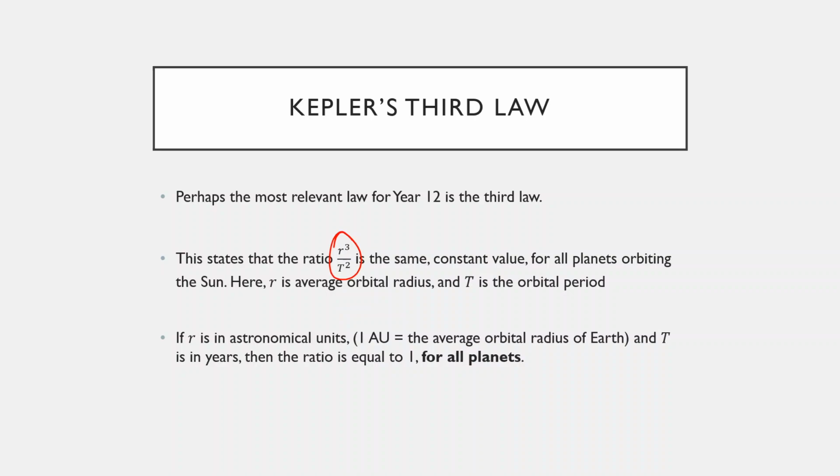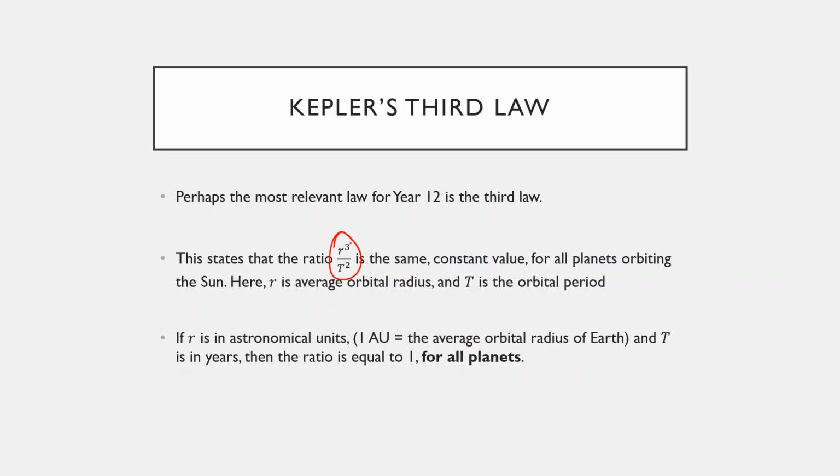The original way that he framed it was that if we represent the average distance between the Earth and the sun as 1 AU, which is an astronomical unit, so it's got a value of 1, and the period we represent in years, then this ratio is actually equal to the number 1.